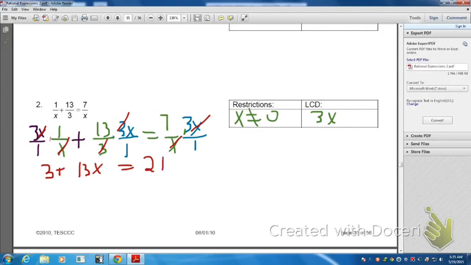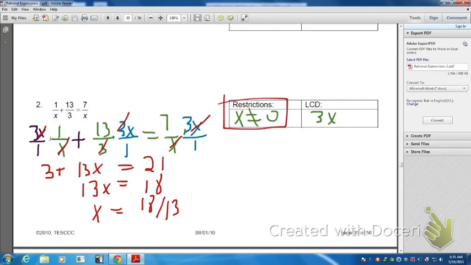Simply now solve this. This would be 13x equals 18, or x equals 18 divided by 13. And we can see that we have not ended up with our restriction, and we could go back and check that.